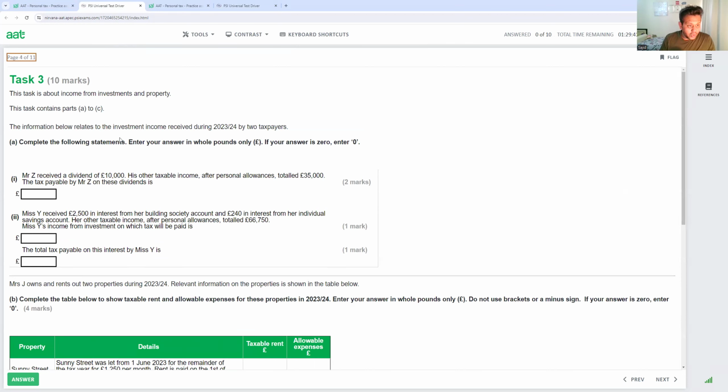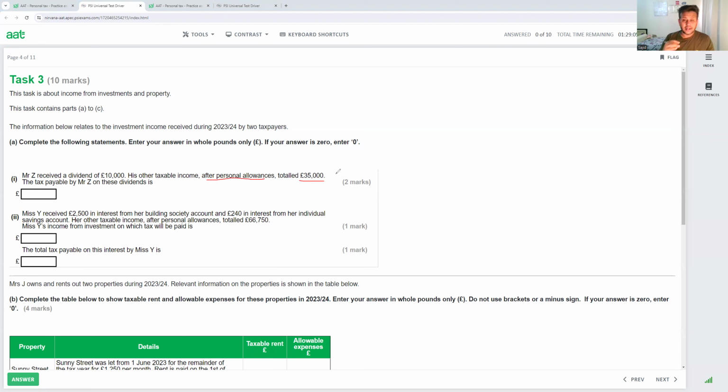The information below relates to the investment income received during 23-24 by two taxpayers, Mr. Z and Mr. Y. Let's start with the first one. Mr. Z received a dividend of 10,000. His other taxable income after personal allowance, that means taxable income, so we don't have to subtract the personal allowance again, is 35,000.